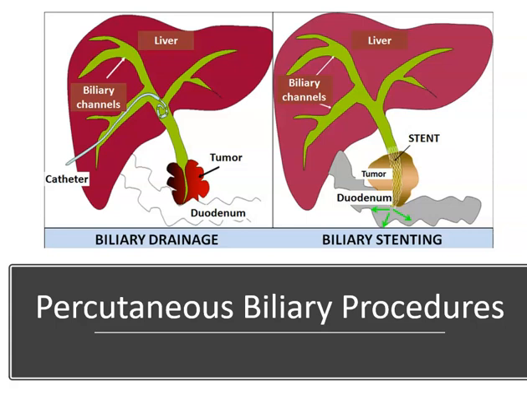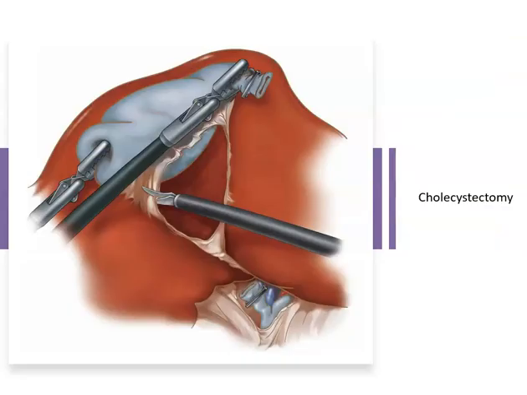And some of the types of procedures that you're going to see are certain biliary drainage and stenting procedures. But then you will also note a cholecystectomy procedure, and you know that's a removal of the gallbladder.